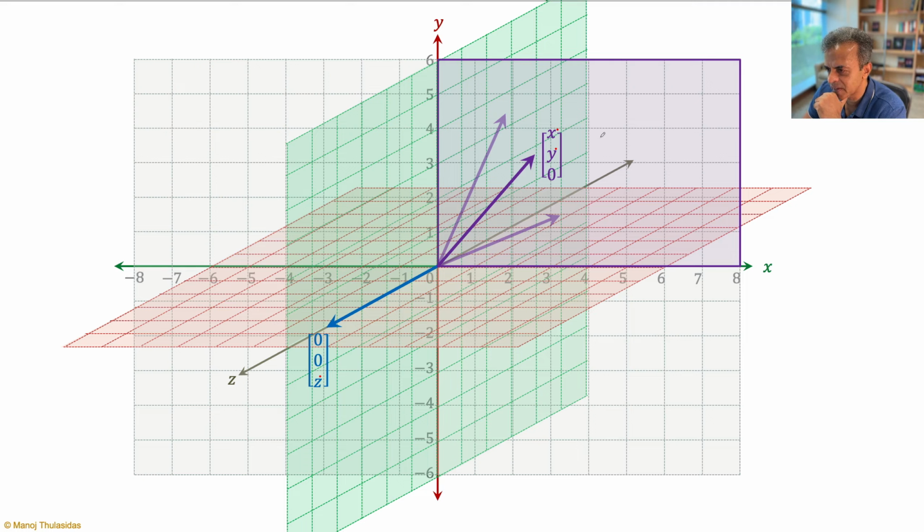And the only way you can make that 0 is by having 0 in the first component, 0 in the second component, and something along the third component because it's already 0 here. In other words, the only form that you can dot product my purple x, y, 0 with, such that you get the scalar 0 as the dot product, would be 0, 0, z. So that has to be on the z-axis. So they are indeed orthogonal complements.